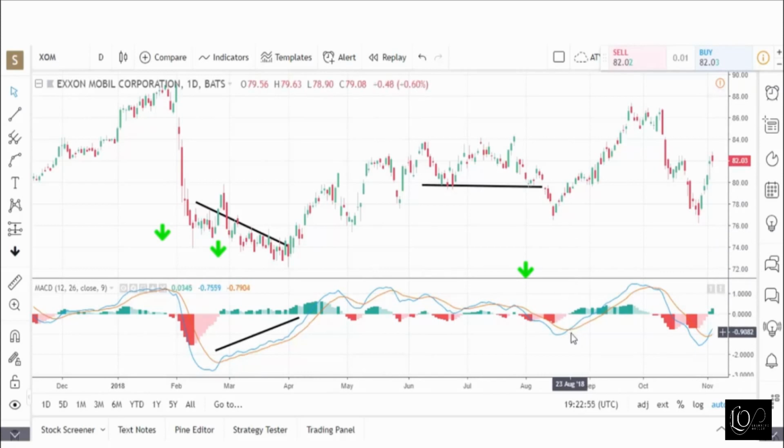And then we have another buy signal in the MACD, which is an oversold, but not in extreme oversold position, as it was back in February.